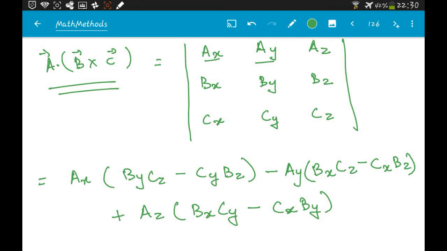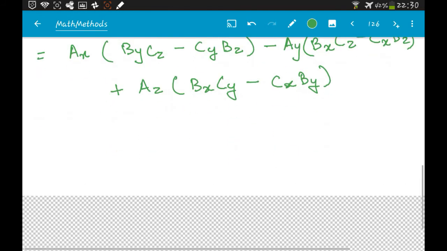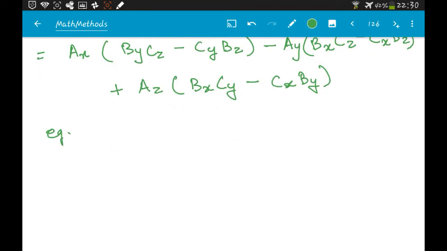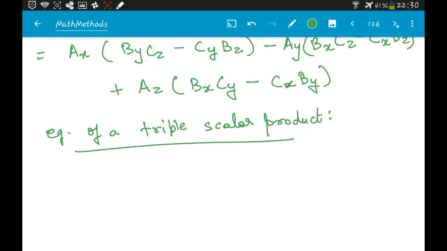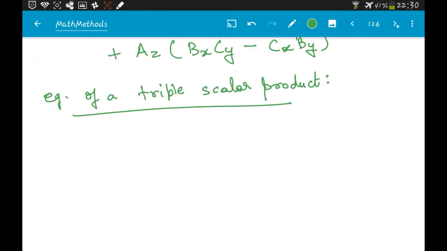So let's see an example of a triple scalar product. Let's say we want to calculate torque about the z-axis.